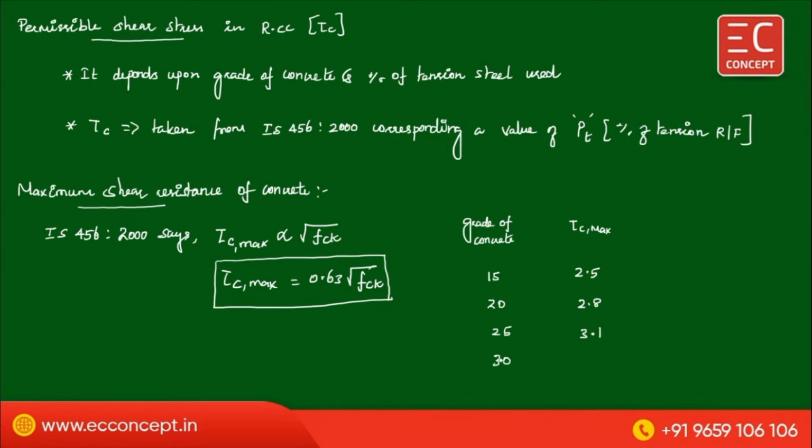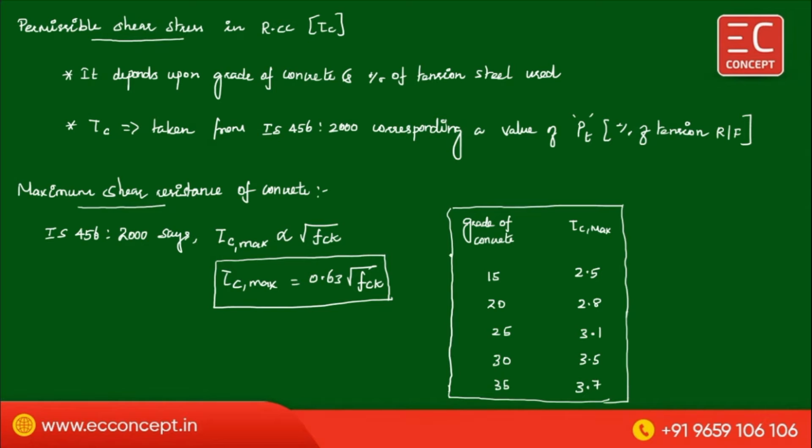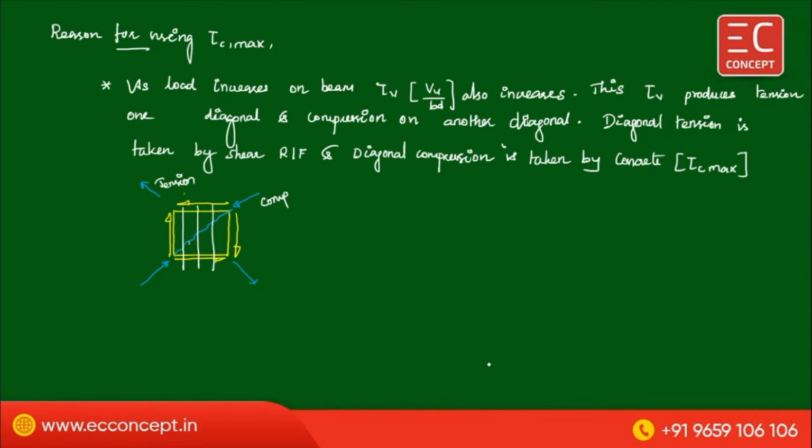For 30 concrete 3.5. Then for 35 concrete 3.7. So these are the values, just to keep in your mind. Or else you have to plug the FCK value in that equation so that you will get the value.